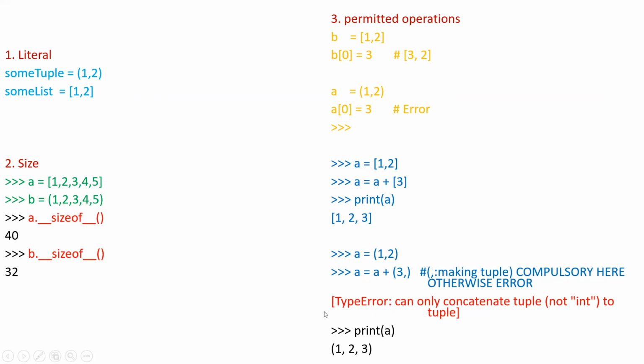Actually, not addition operation, actually concatenation. Got my point or not? Whenever you are using the plus sign here, you are concatenating. You are not adding, you are not summing. Once again, in A equals A plus 3, you are not adding the 3 into the previous, you are concatenating. So after concatenation, you have 3 elements, 1, 2, 3. Got my point? Okay, fine.